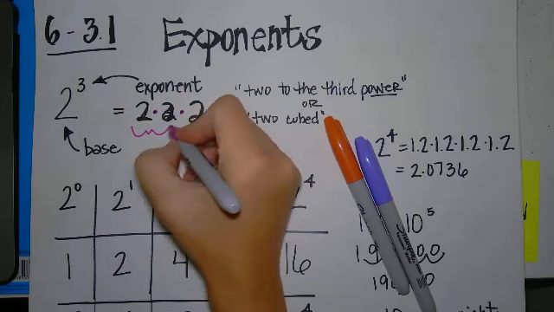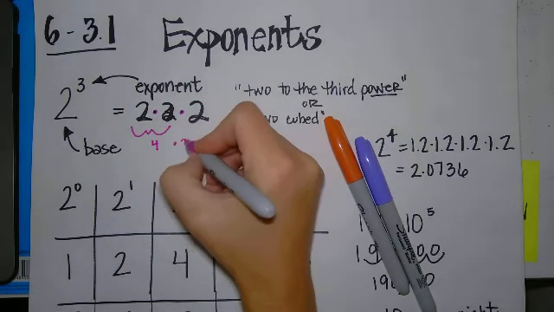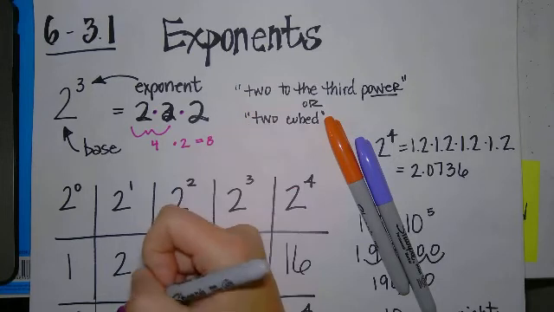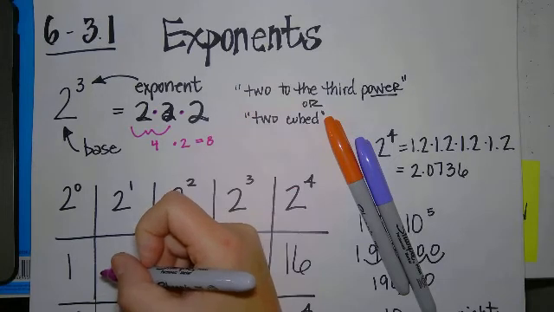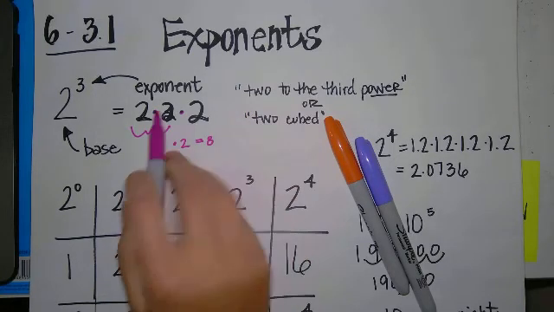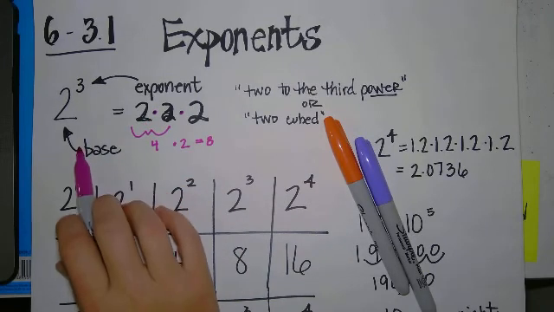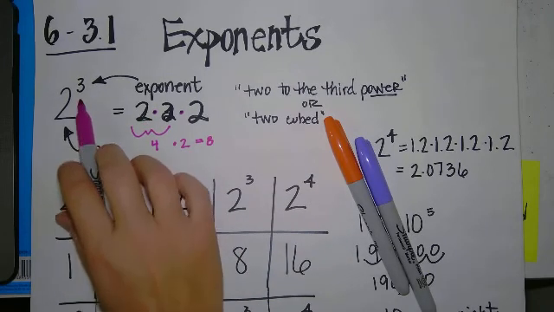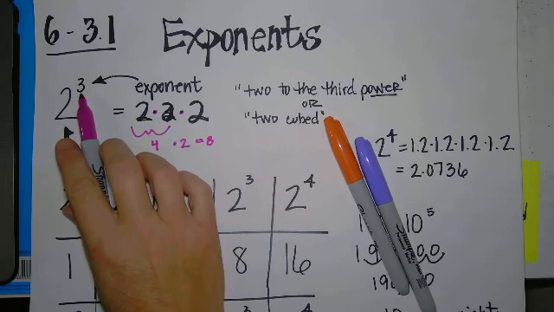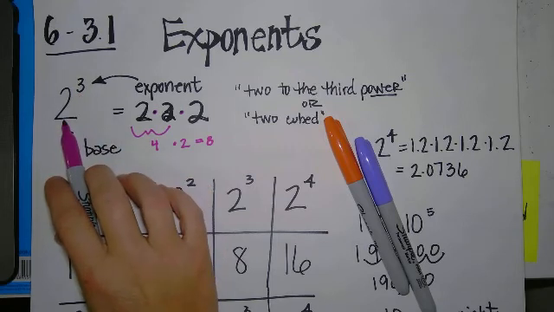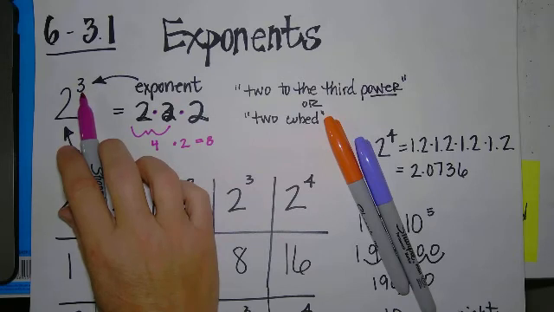And 2 times 2 is 4, and 4 times 2 is 8. So we have to be really mindful when we work with exponents to remember that we are multiplying the base number, that's what the 2 is here, the number of times that we have written in the exponent. So in this case, 2 is going to be multiplied times itself 3 times.